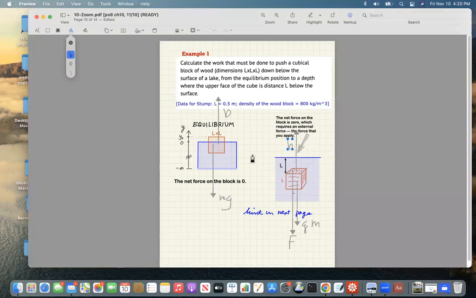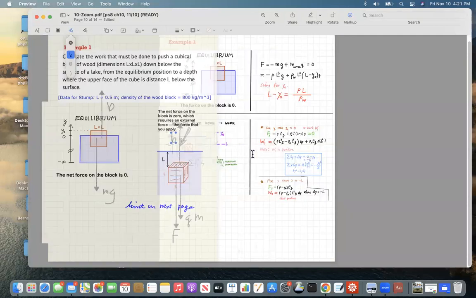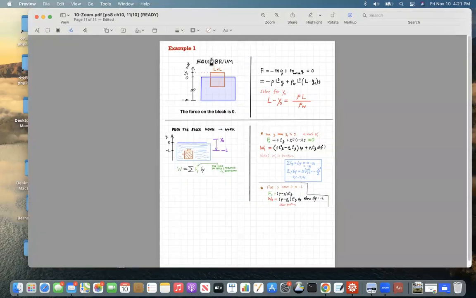Now let's look at the equations. For the equilibrium, before you start pushing the block below the surface, you have net force equals zero. And the net force is minus mg, that's the weight of the block, plus the buoyancy force, which is the mass of the displaced water times g. That's Archimedes' principle. Now I can convert this mass into density times volume.